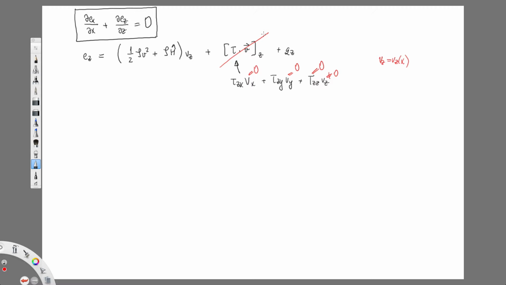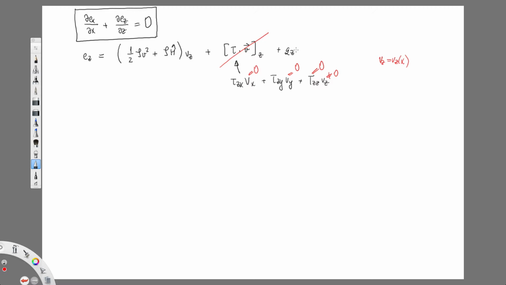Now, this portion QZ: my temperature gradient is in the X direction. Do I expect any flux of heat in the Z direction? No. Otherwise, I would have a very cool heat generation going on, some perpetual heat mobile.